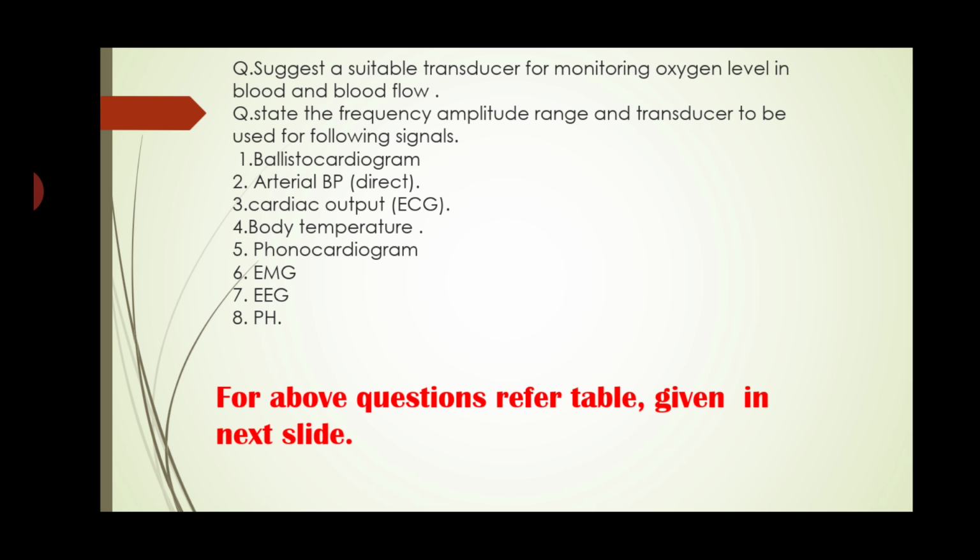Using this table, for whichever signals are asked, we should write the amplitude, frequency range, and which transducer is preferred for the measurement of those signals. In this question you are getting either 10 marks or 5 marks.